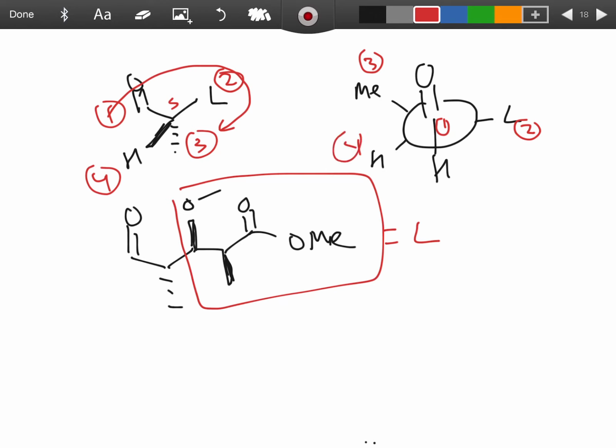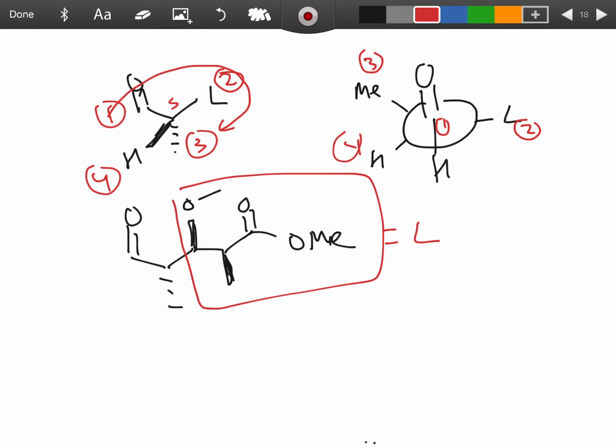Again, if we look down at it, we go 1, 2, 3. So it's counterclockwise, right? Cool. My one person in class is nodding, so I must be doing something right. So it's counterclockwise, so what I have drawn is S. So those two match up.